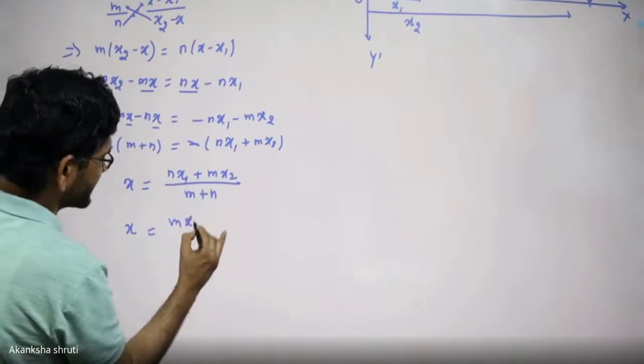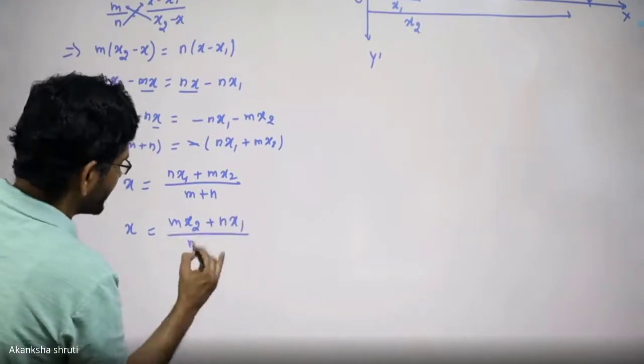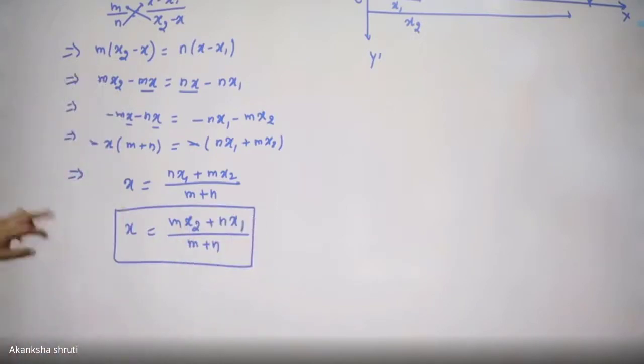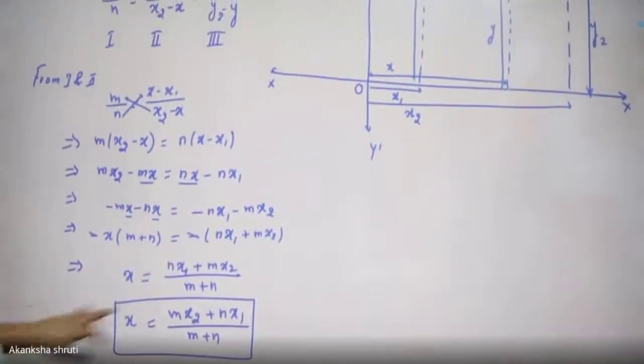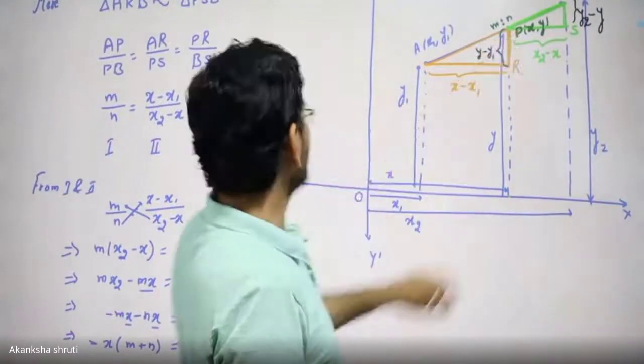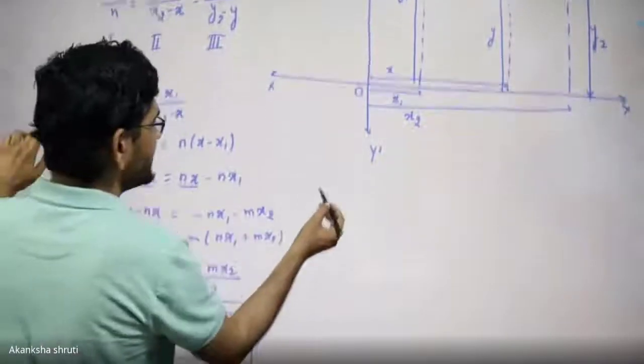So it is our MX2 plus NX1 divided by M plus N. So this is how the X coordinate of this sectional point P we have determined by considering the first two ratios.